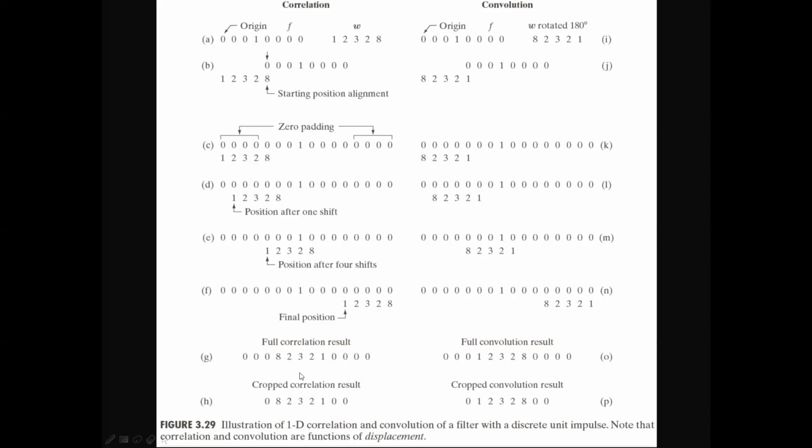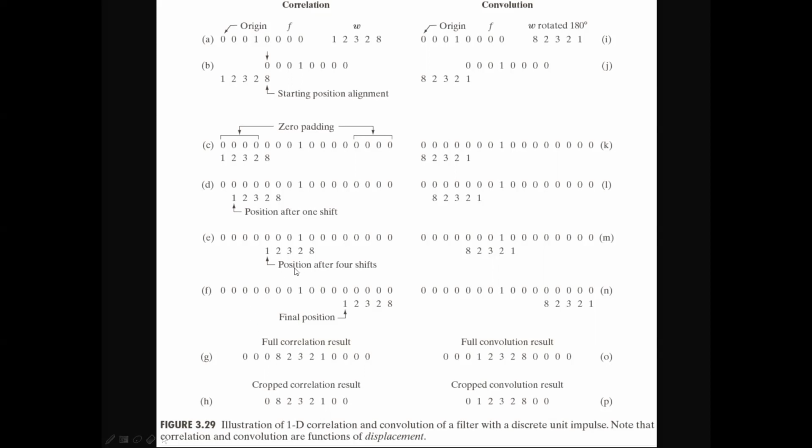So how are we getting this full correlation result? Initially in step C, we are not moving. We place the mask in such a way that it is coincident with all values of the original input image, by taking zero padding. In this case, the output is 0. That's why the first value in step G is 0. After moving one position, again 0.